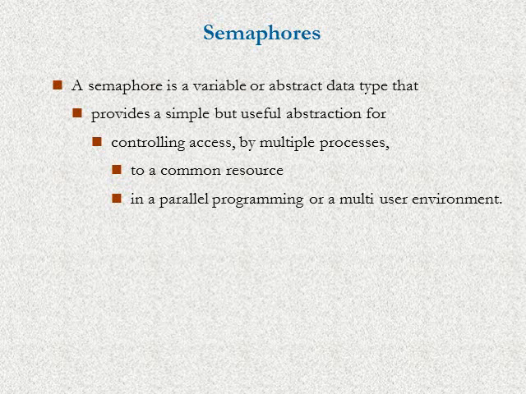In an environment where we have the possibility that multiple threads or multiple pieces of code can run in a parallel fashion, semaphores are variables that control the access of the critical section, and they have the possibility to get executed in a parallel manner.